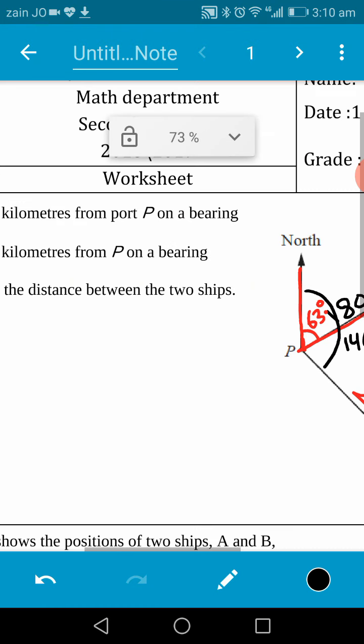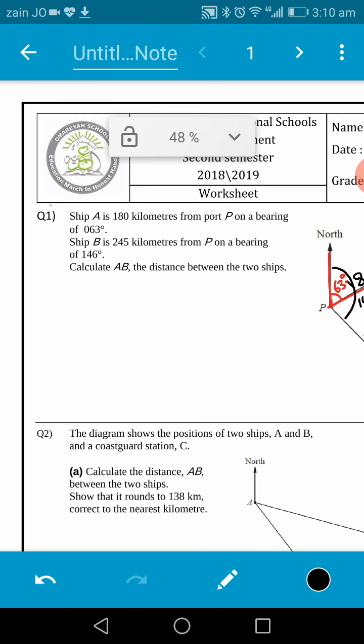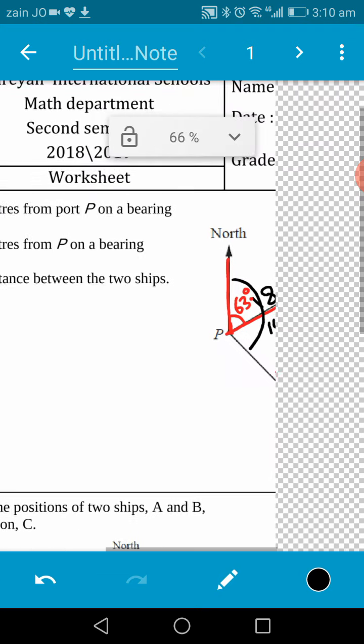The question is to calculate AB, the distance between the two ships.